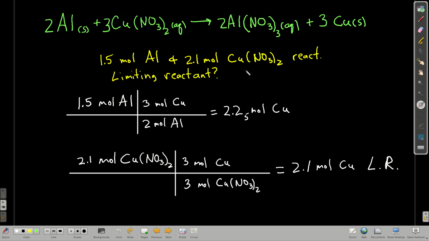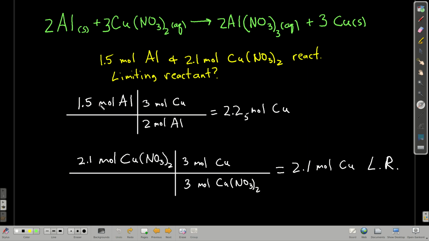Well, the way this is commonly done is you pick a product, doesn't matter, any product, and you calculate how much of that product you could make from each of your reactants. Whichever reactant makes the least amount of the product is the reactant that would run out first, and that's the limiting reactant.